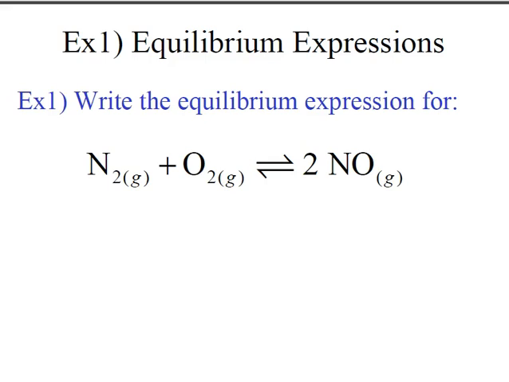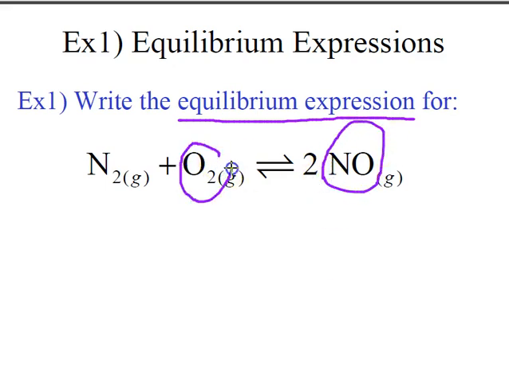Here's a chance for us to write the equilibrium expression. Now, this often causes some hiccups, so I want to clarify here. If we're writing the equilibrium expression, then that is when we're going to write these formulas for our products and reactants into the equilibrium expression. We don't want to use numbers yet. We want to use formulas in our equilibrium expression. Right?